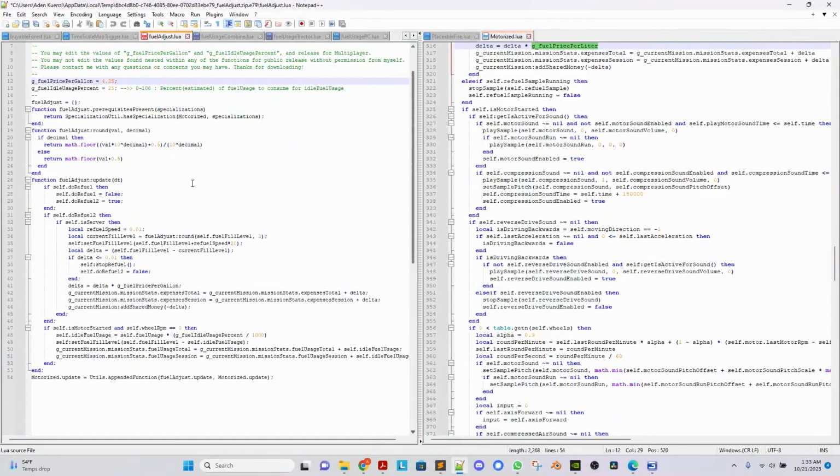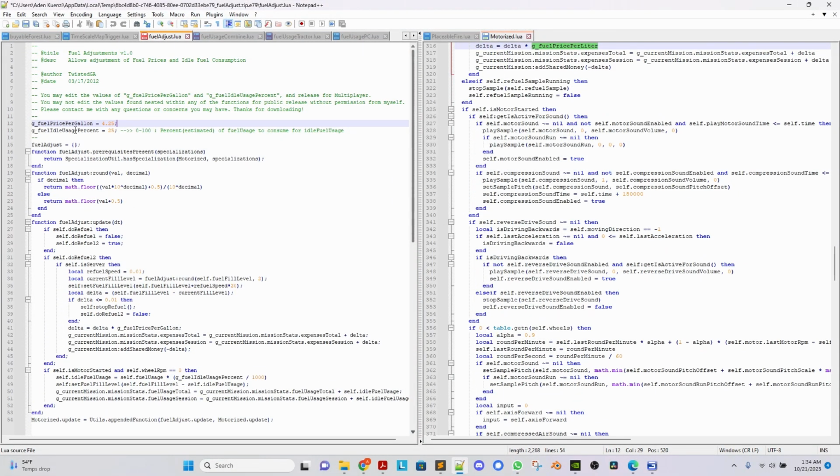What does it do? Well, it changes the price of fuel, and this one has fuel usage when you're in idle. And apparently the intent is, first off, you're going to pay $4.25 per unit of fuel. It says in here per gallon. That is a misnomer. Everything in fuel is counted in terms of liters.